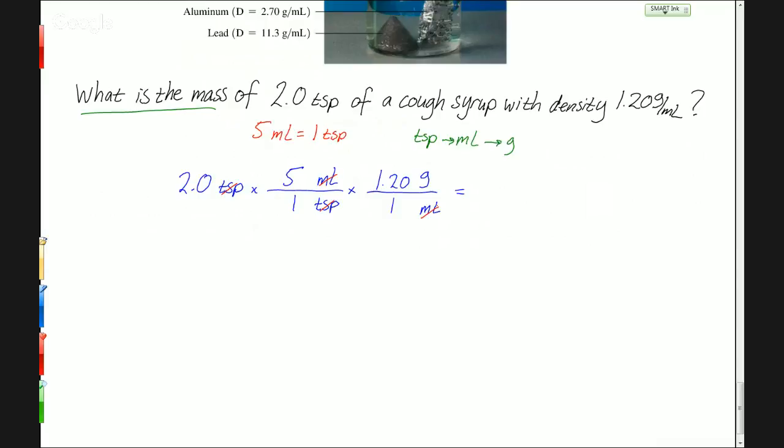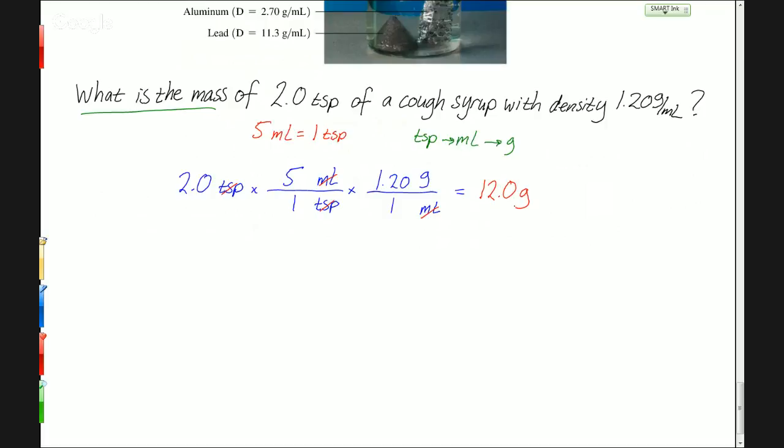I got something like this. How's that look? Do something similar? So you follow the units and then put your numbers in. 2 times 5 times 1.2, that's 10 times 1.2, which would be 12.0. And that's now grams.